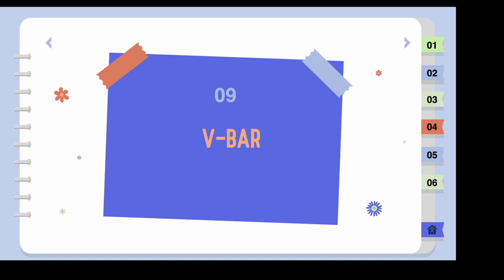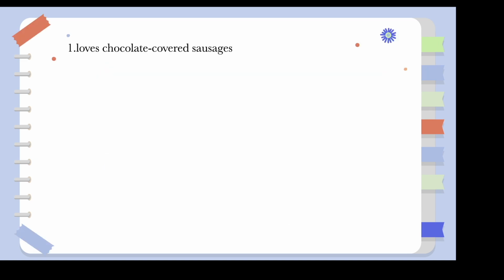So, next we move to our V-bar, the verb phrase. In V-bar, actually we analyze quite similarly. We have just to think about what can be our head. For example, in this verb phrase, loves chocolate covered sausages, our head is loves, right? And we have our complement. In this case, we have only one complement, chocolate covered sausages.